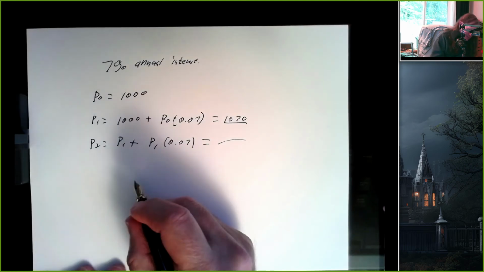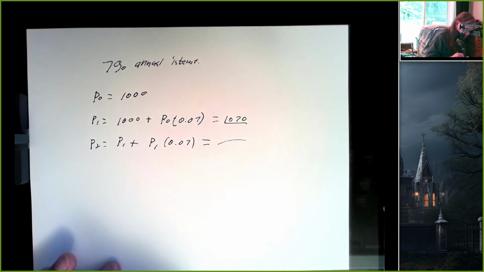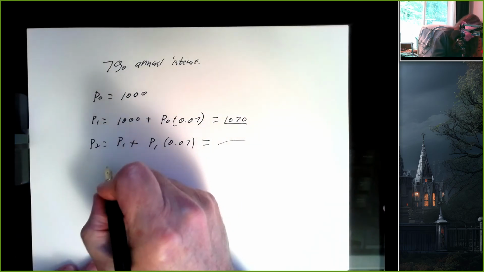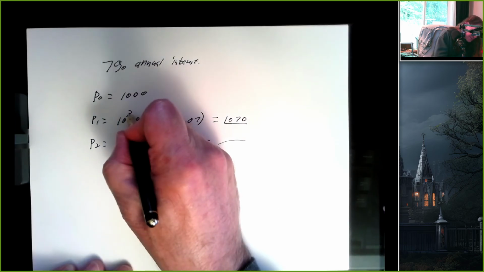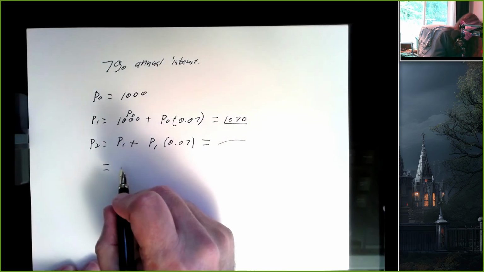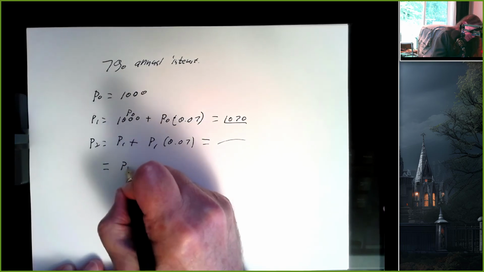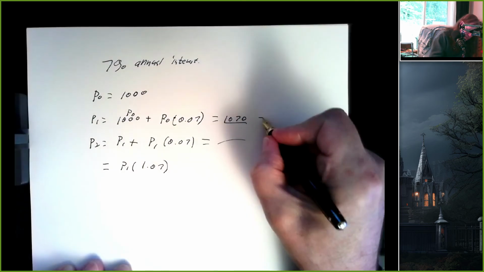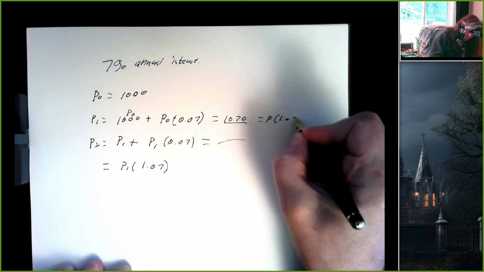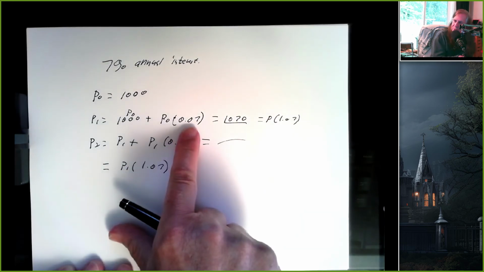But so instead of 1,000 here I can put P0. Let's do a little bit of algebra here. This is P1 times 1.07. And this is actually P0 times 1.07. Because that's P0 times 1, plus P0 times 0.07.